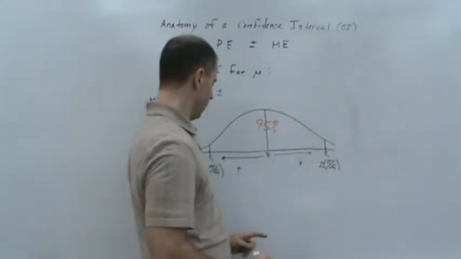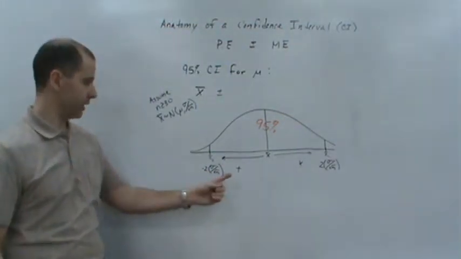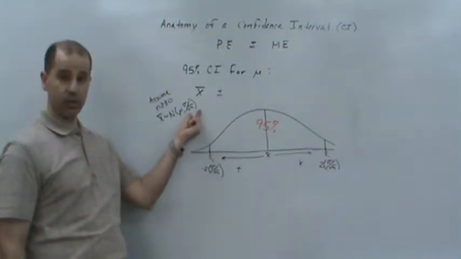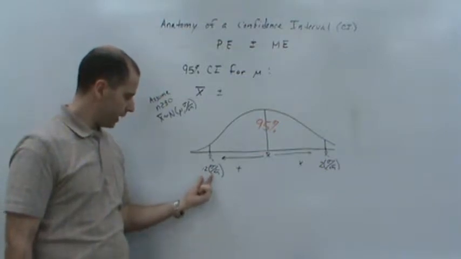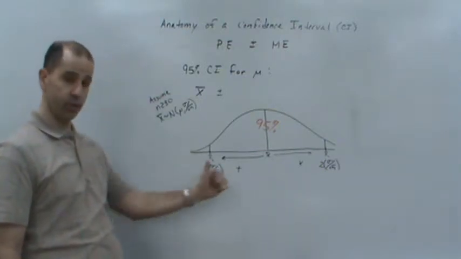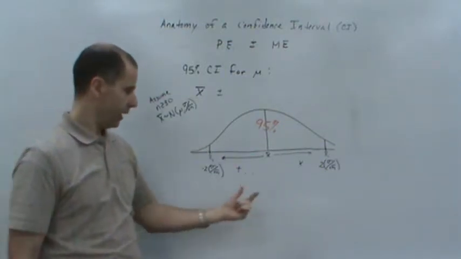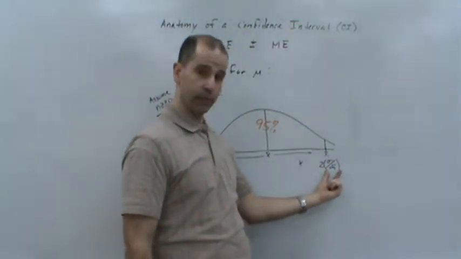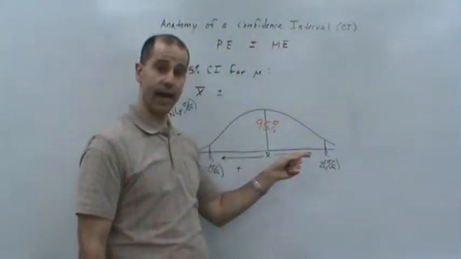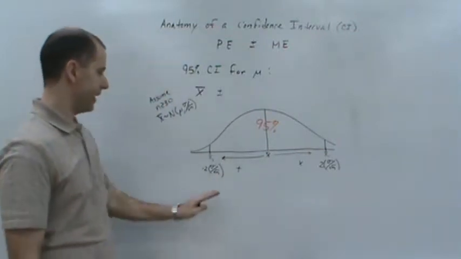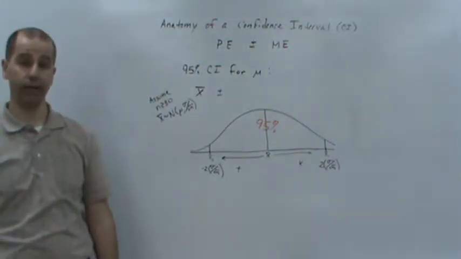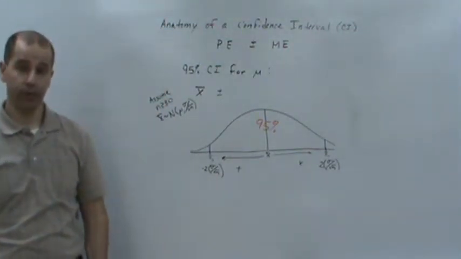Now this is the standard deviation, because we're dealing with x bar, the standard deviation of x bar is this. So we're going to do negative 2 times this, so two standard deviations this way, and then 2 times sigma divided by the square root of n will be 2 standard deviations that way. So this is the second part of our confidence interval.